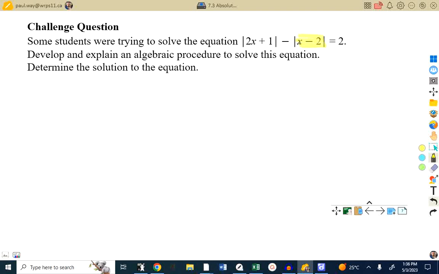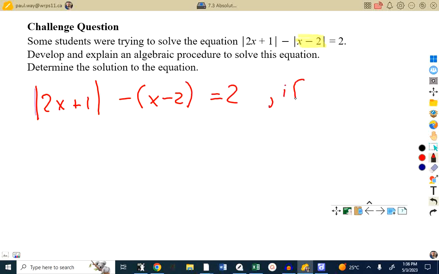I'm going to ignore the other absolute value. This equation becomes the absolute value of 2x plus 1 minus x minus 2 equals 2 if x is greater than or equal to 2. Does that make sense what I've done there?